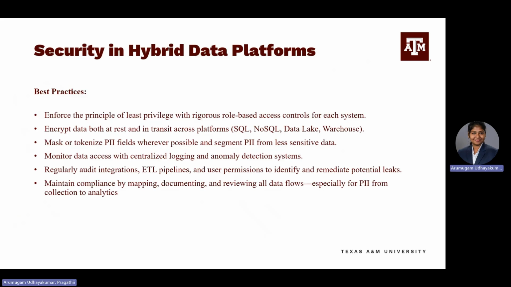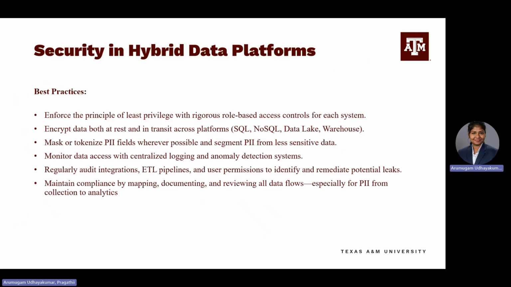The second thing we can do is encrypt data both at rest and in transit. Whether it is stored in a database or being transferred from one system to another or across platforms, we can encrypt the data so that even if it is hacked, they will not be able to decrypt and utilize it. The third thing is masking or tokenization.